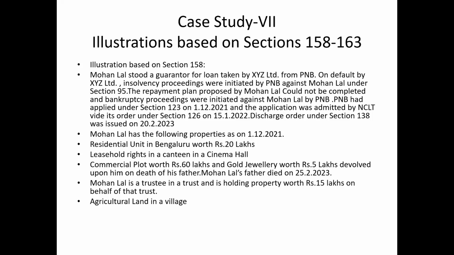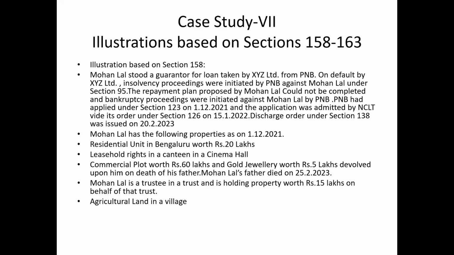NCLT only. Section 60 subsection 1. Okay. If we read Section 60 subsection 1 with Section 179, then proceedings for personal guarantors to corporate debtor will be dealt with by NCLT. By NCLT, vide its order under Section 126 on 15th January 2022. Discharge order under Section 138 was issued on 20th February 2023.